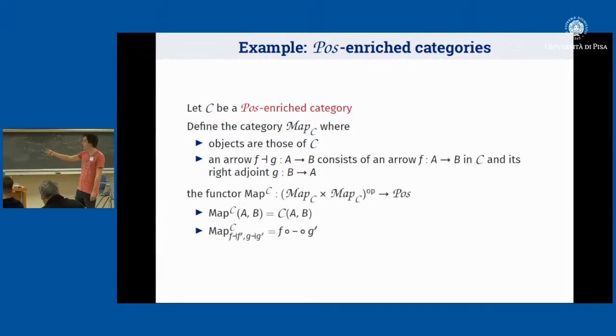And then we can define a relational doctrine where the base category is the category of maps, and the fibers of relations are all the arrows in the category C. And so relational composition is the composition of C, and reindexing is given by that weird composition. So we first precompose with the left adjoint, and we postcompose with the right adjoint, a relation R, which is an arrow. Okay.